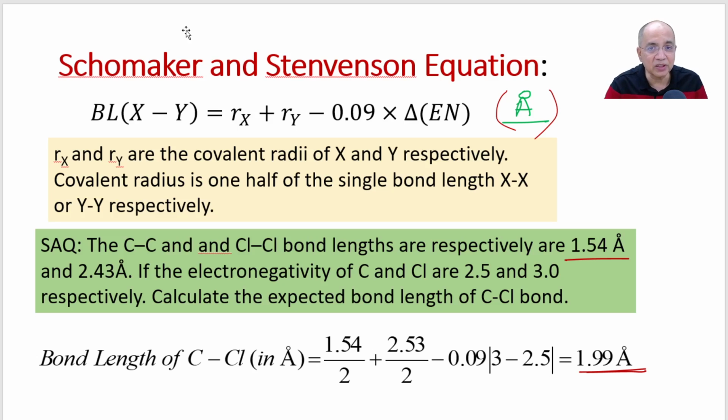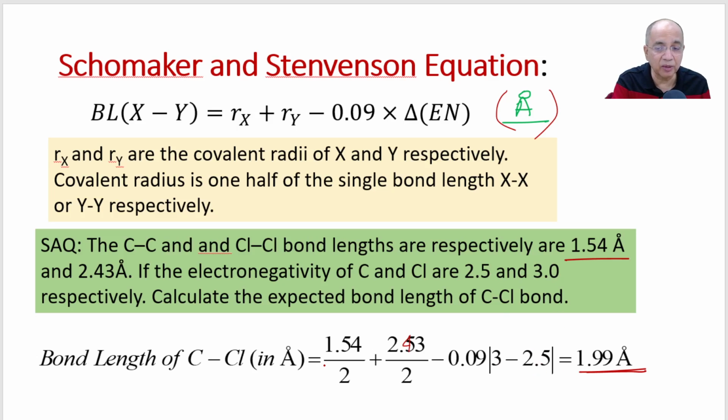We have used this equation in a self-assessment question. Carbon-carbon and chlorine-chlorine bond lengths are given, the electronegativities of carbon and chlorine are given, and you are asked to find the expected carbon-chlorine bond length. In angstrom, it is 1.54 by 2, that is the covalent radius of carbon, plus 2.43, I'm sorry, this should be 1.43, by 2, minus 0.09 times the electronegativity difference.